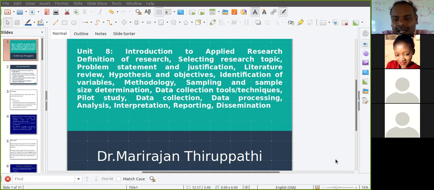Then reporting and dissemination. So under Unit 8, Introduction to Research Methodology: definition of the research, selecting research topics, problem statement and justification, then literature review, then hypothesis and objectives, then identification of variables, methodology, sampling and sampling size determinations, then data collection tools and techniques, pilot study, data collection, data processing, analysis, interpretations, reporting, and dissemination.